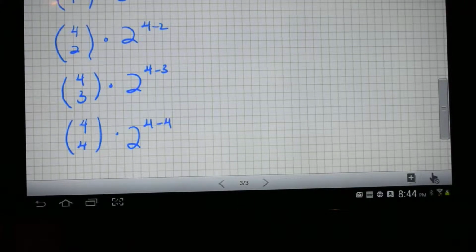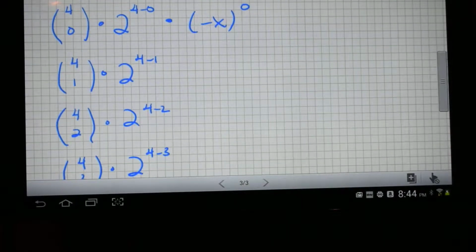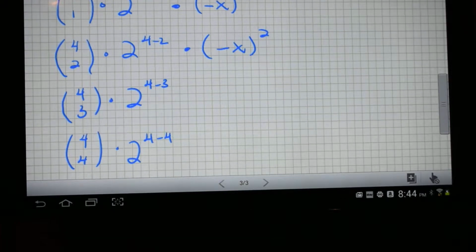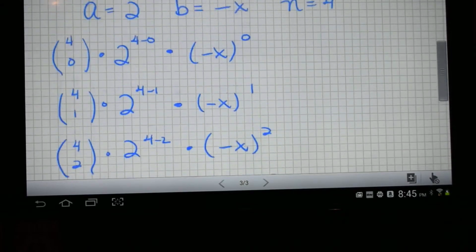And then for your B term, you're going to do negative x. Make sure you put in parentheses to the R power, that's 0. Make sure you're putting it to the R. The R is the bottom number in the binomial coefficient. And that's all we need.